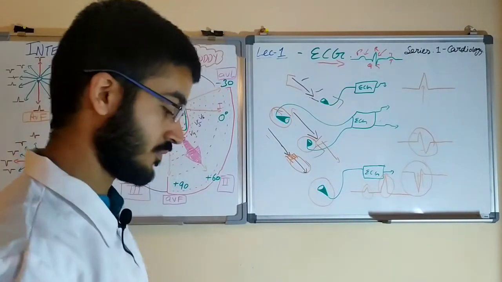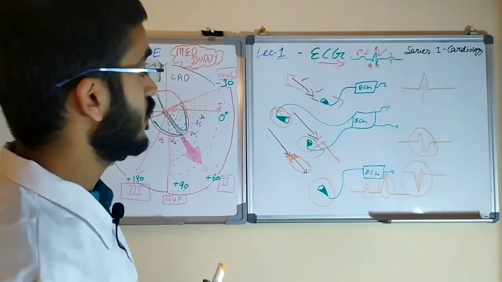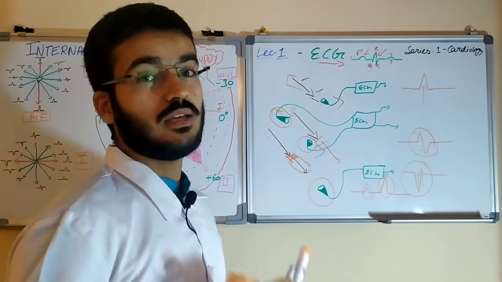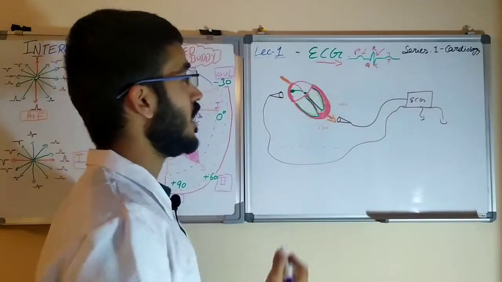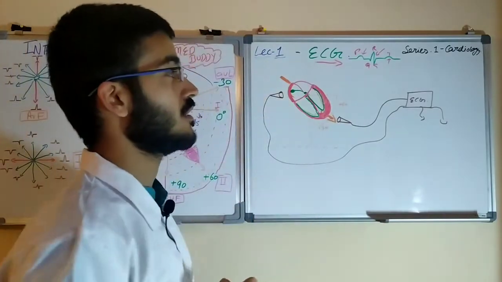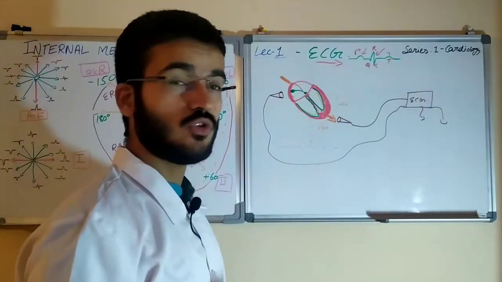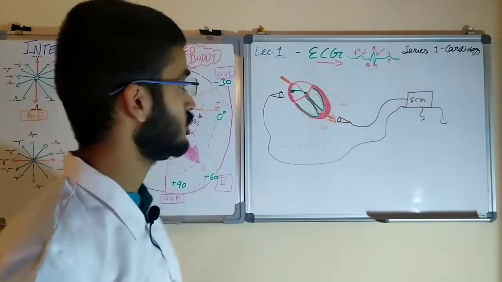Clear? So now let's understand how the same thing is going to happen with the heart. To understand the current vector produced by the heart and how it is presented by the ECG, we have to know what the sources of this current vector are.